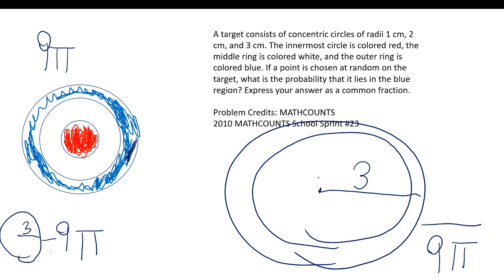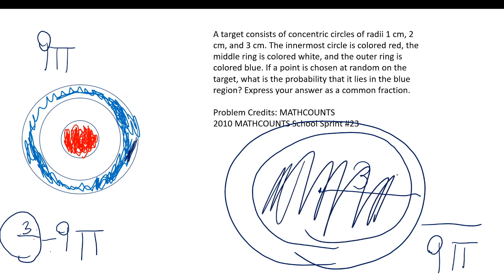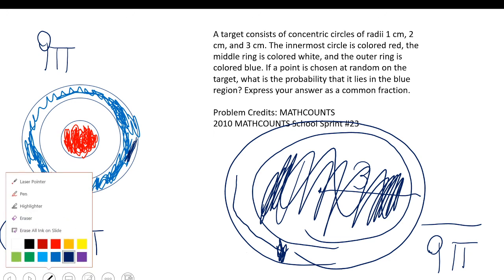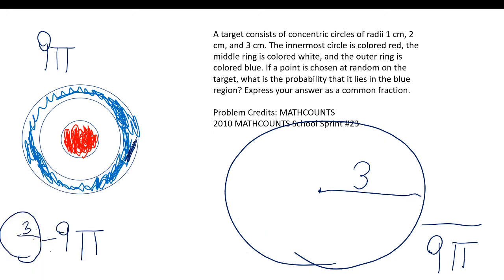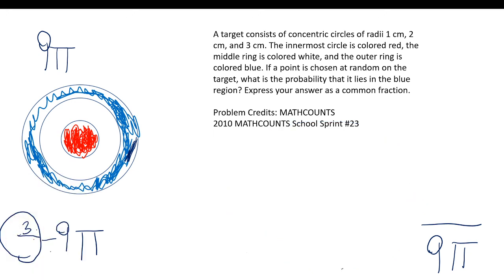So if I cut this out, the only thing that'll be left is the thing I want, this piece right here. So that's what we're going to use. We're going to find the area of this white circle, which also contains the red circle.